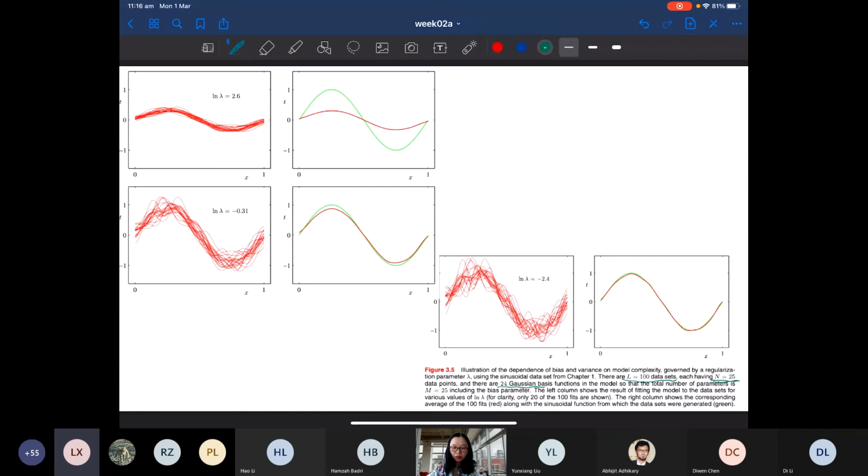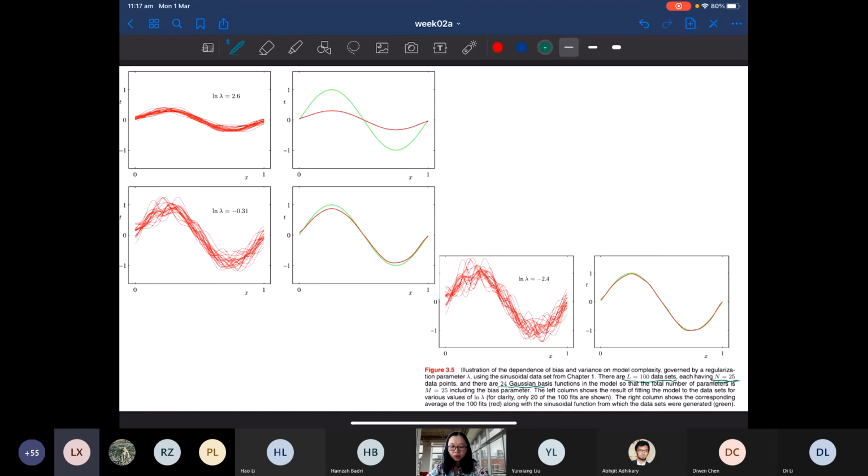Note that the values of lambda here are different from what we were looking at last week, like 18 or minus 18, because the basis functions here are different, and the data sizes and so on are different. So it also says that lambda is a hyperparameter that you can't reuse from one fitting to another.